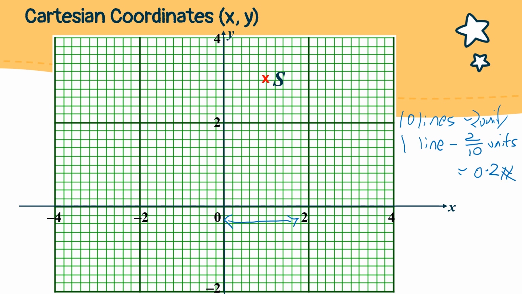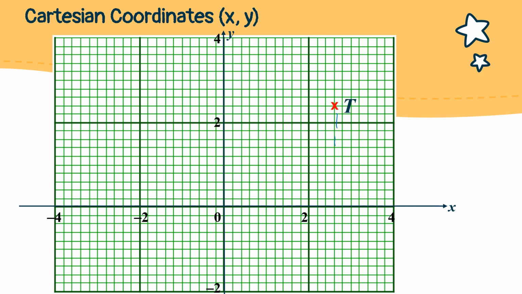So every line we will count as 0.2. So in this case, for the coordinates of S, we will have 0.2, 0.4, 0.6, 0.8, and 1.0. For the y-coordinate, we will have 2.2, 2.4, 2.6, 2.8, and 3.0.